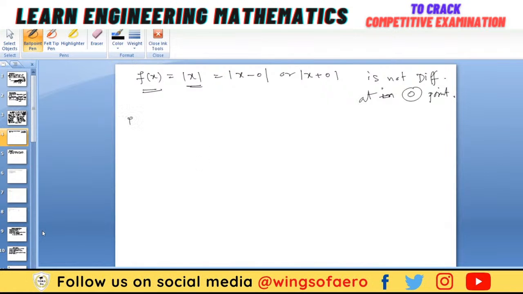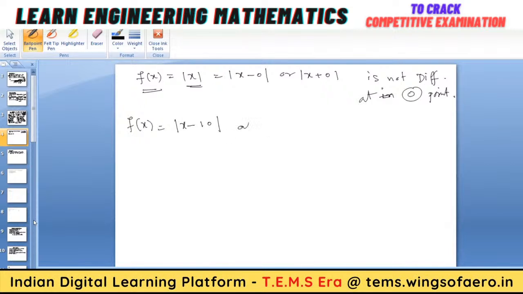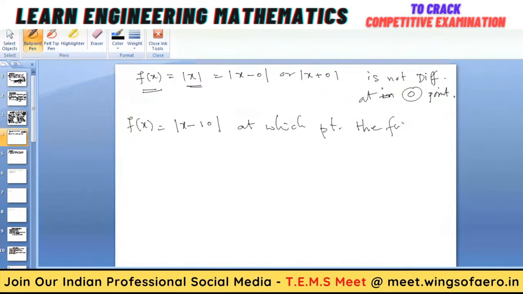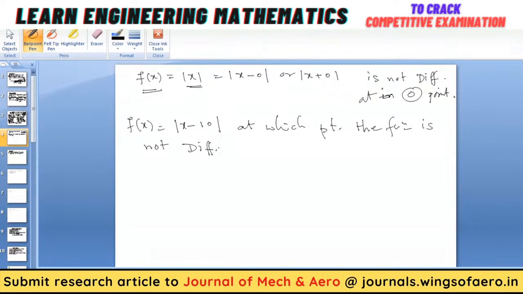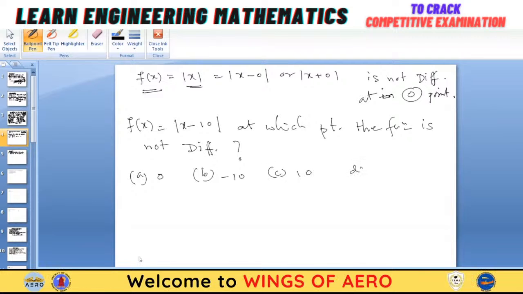Instead of mod x, suppose the function f of x is given as mod of x minus 10. Tell me at which point the function is not differentiable. I am giving you four options. Option A: 0, minus 10, 10, all differentiable.